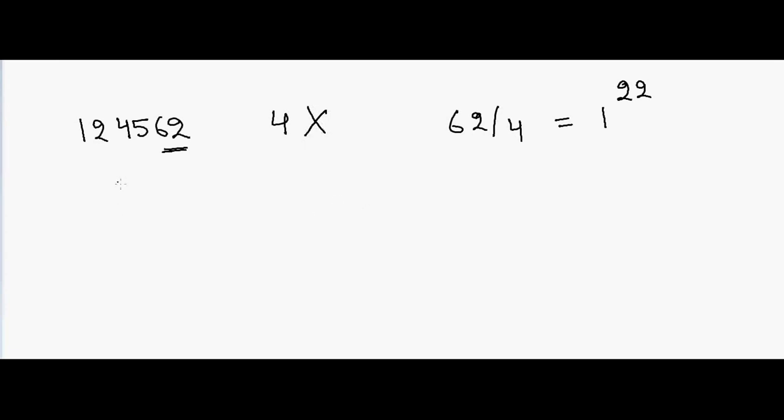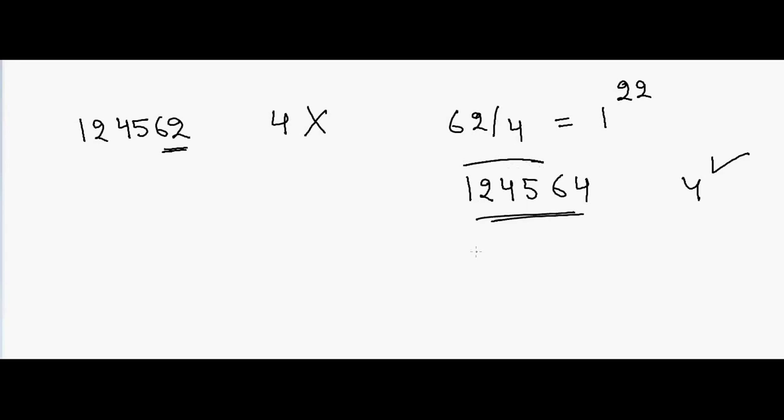So how can I modify this number? If I add 2 more in the end, so I'll make 1 2 4 5 6 and make 4 here, then this number should be evenly divided by 4. And I can modify this number any way.